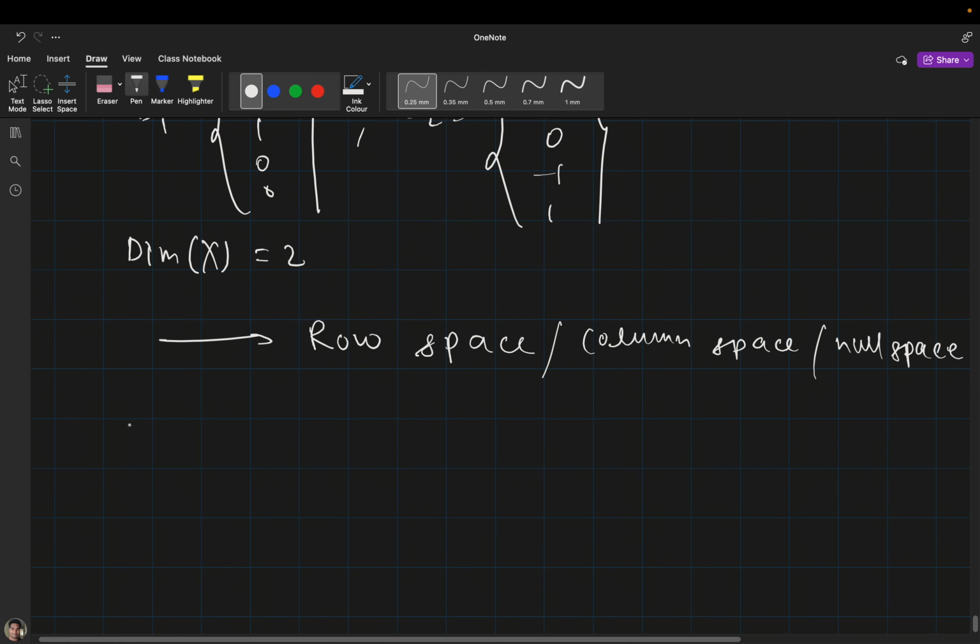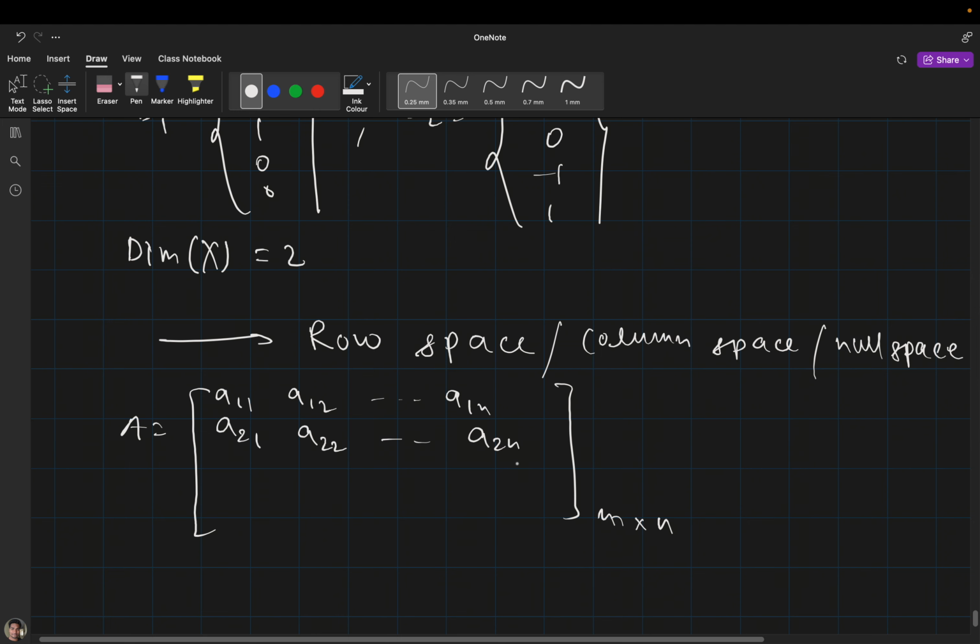Okay, so let's take a matrix that is A11, A12, up to A1n, and that matrix is of the order m by n. So A21, A22, up to A2n, and then Am1, Am2, up to Amn.